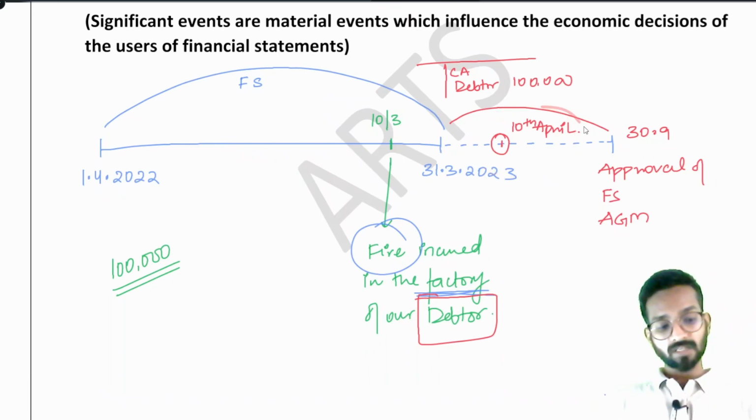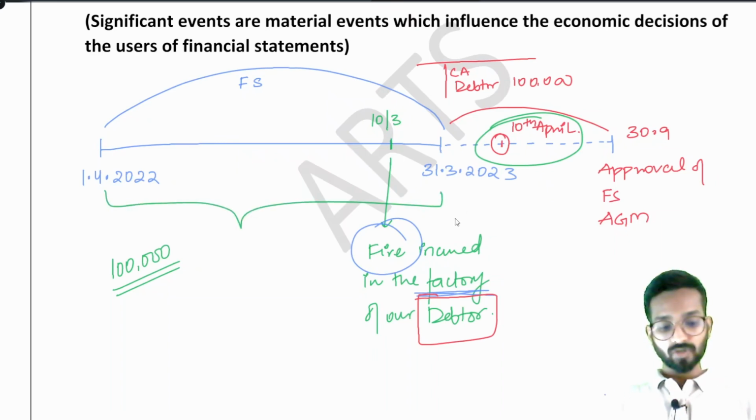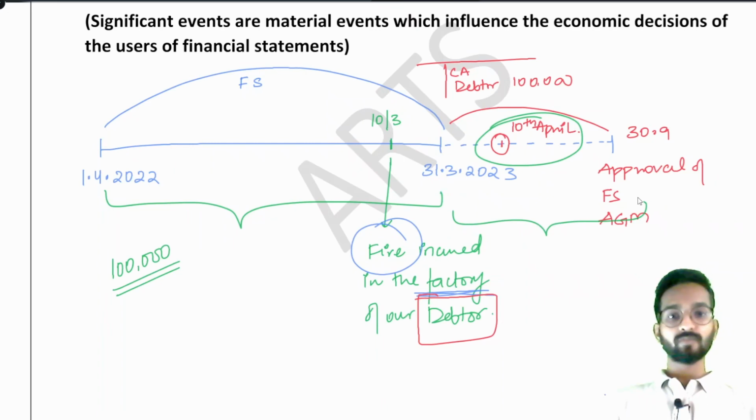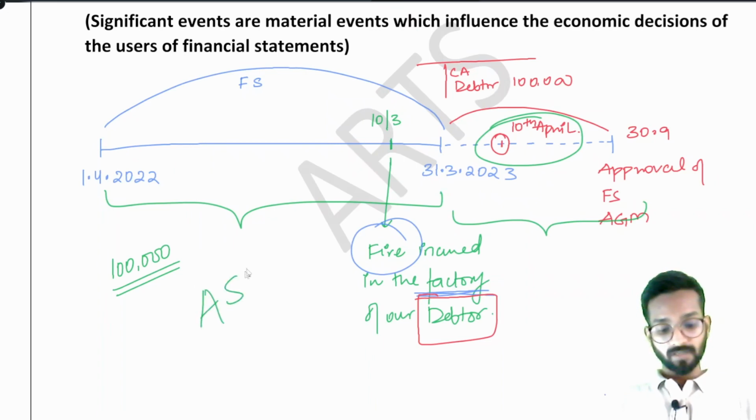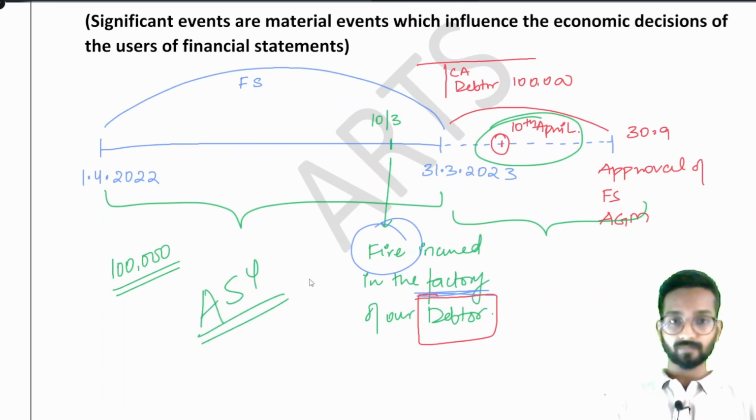So the question in front of the board of directors is, understand now, that when I got to know that on 10th April they have become my bad debt, should I record bad debt in this year or should I record bad debt in the next year? This is the question in front of the board of directors, and the answer to this particular question will be provided to us by AS4.